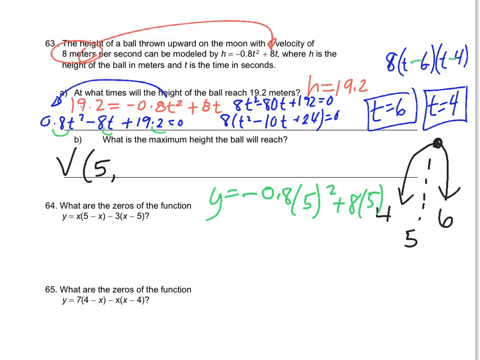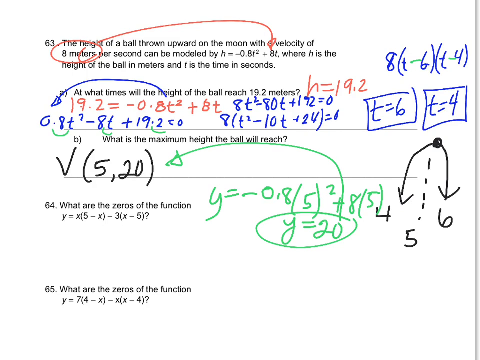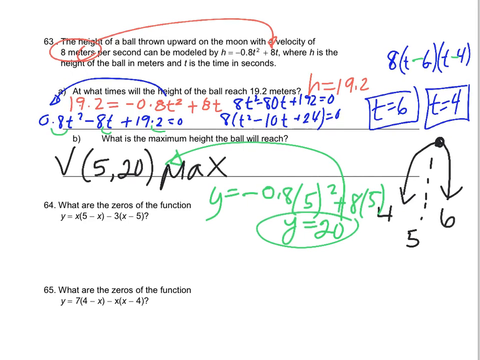Once I plug that all into the calculator, I find out that my y value is equal to 20. So that means that number goes here. So my vertex is at (5, 20), which also happens to be my maximum. And I've answered both the questions.